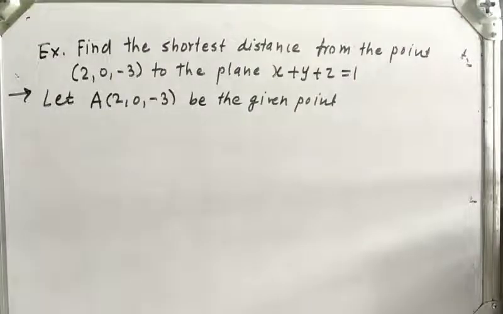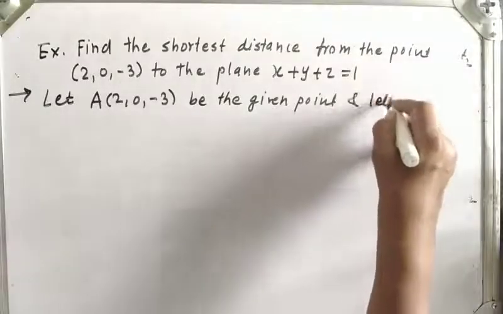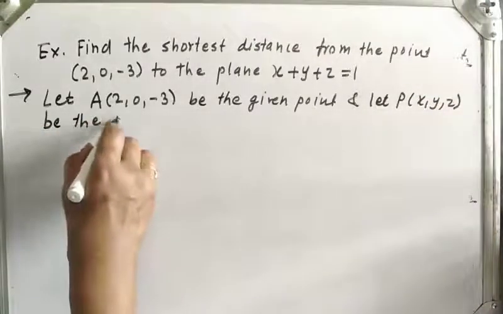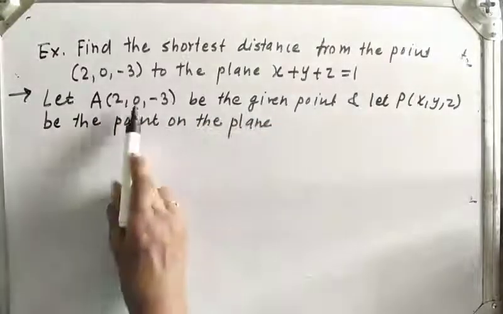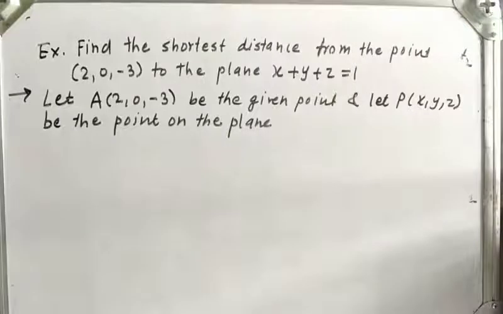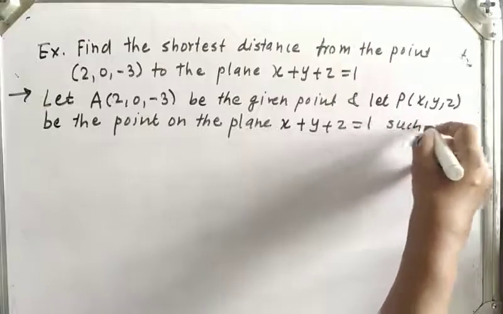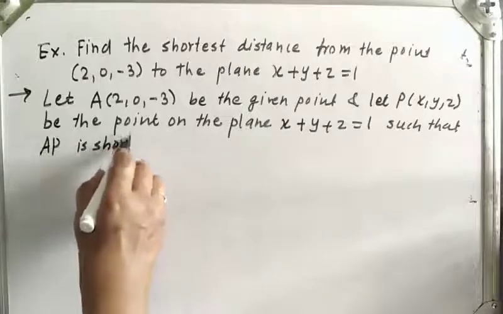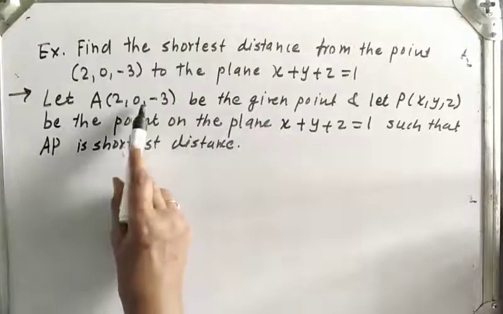So let us take that point as P(x, y, z). Let P(x, y, z) be the point on the plane x plus y plus z is equal to 1, such that AP is the shortest distance.